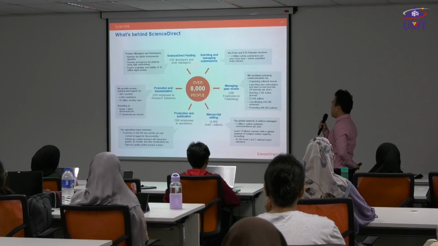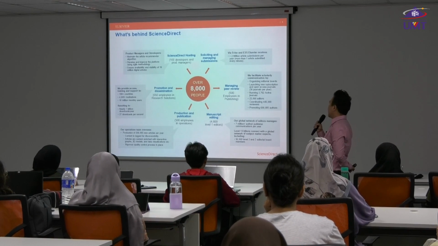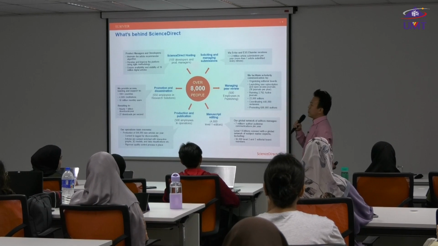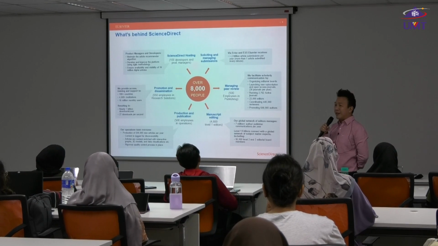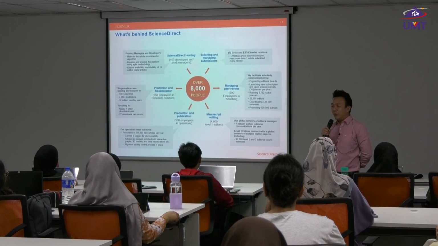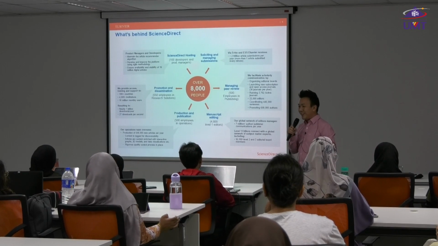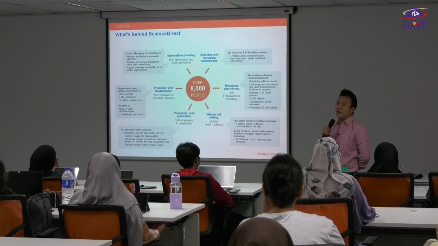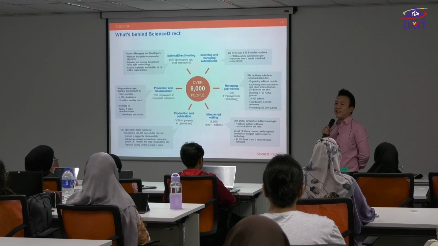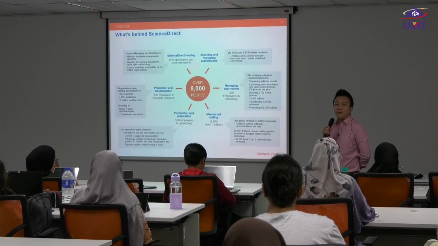We are also managing peer review, manuscript editing, production and publication. Eventually, when the journal paper is published, that will be the thing that you all keep searching through the ScienceDirect platform to download and to do referencing. Yeah, this will possibly be the way. I believe your lecturer wouldn't want you to cite information from Wikipedia or Google.